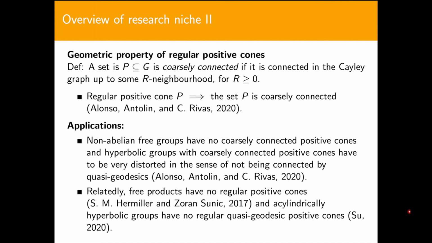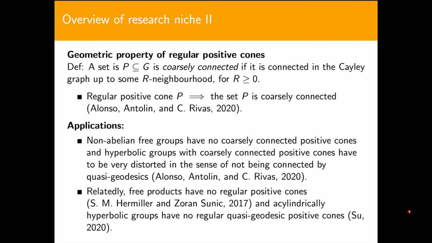And this is very interesting because a priori, being regular is a computational property, and it's a measure of how difficult it is to figure out if some element is positive relative to the positive cone in your group.